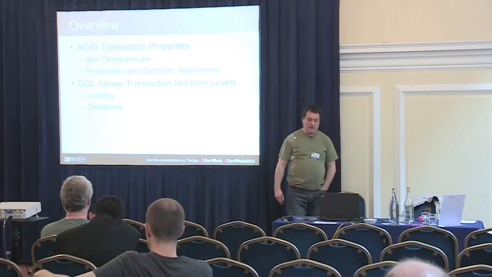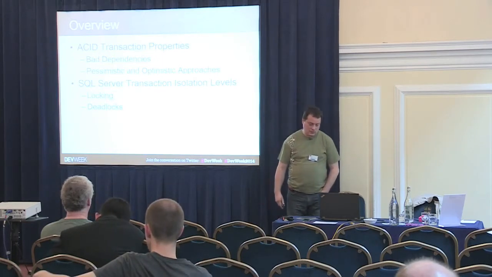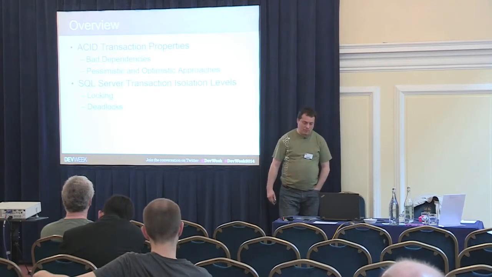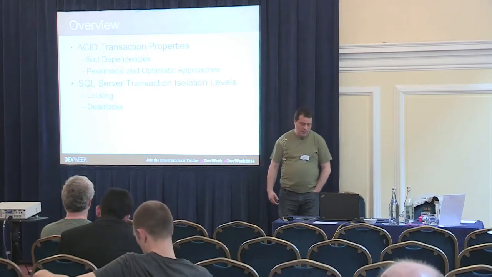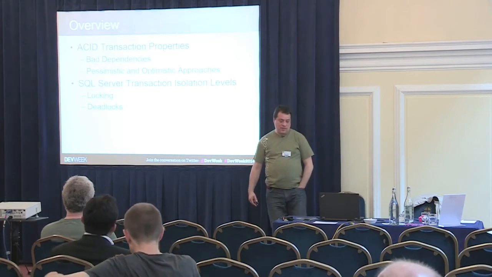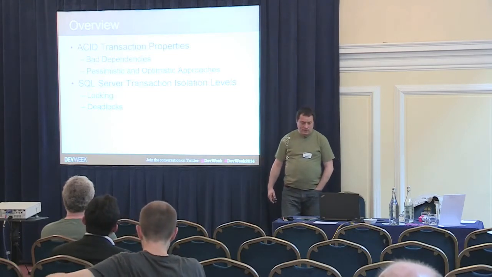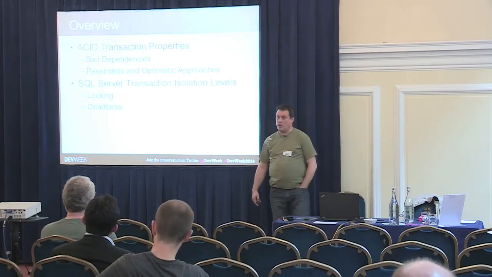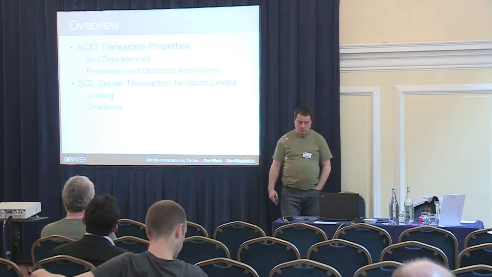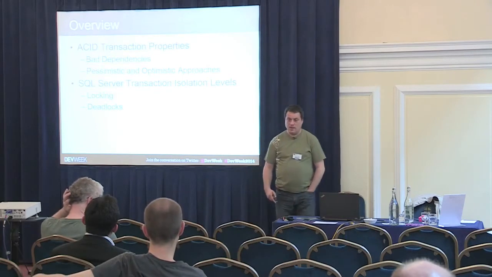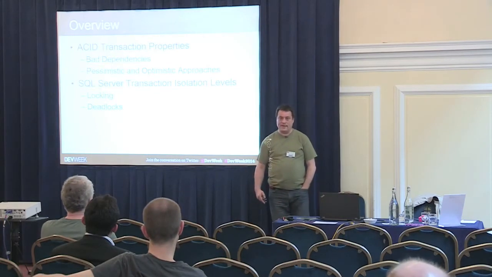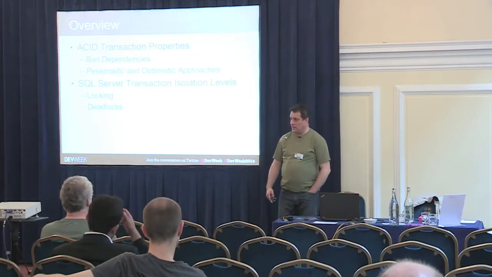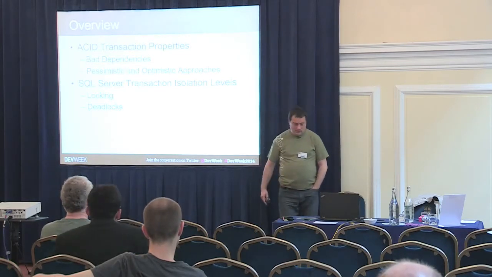I will explain what these ACID transaction properties mean, and what kind of bad dependencies can happen, and what pessimistic and optimistic approaches mean, and then show in detail all transaction isolation levels supported by SQL Server. Then we'll also discuss locking, and I will show you what can happen with inappropriate levels and too much locking, namely deadlocks.